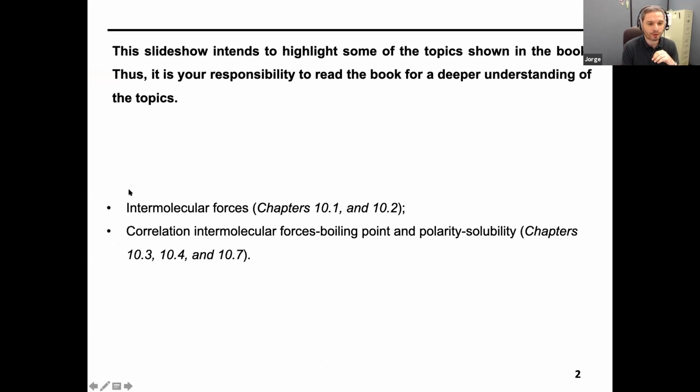We will cover the different kinds of intermolecular forces, and then we will use that for correlating intermolecular forces with boiling point and a little bit of polarity and solubility as well. It should be very simple. So let's start then.